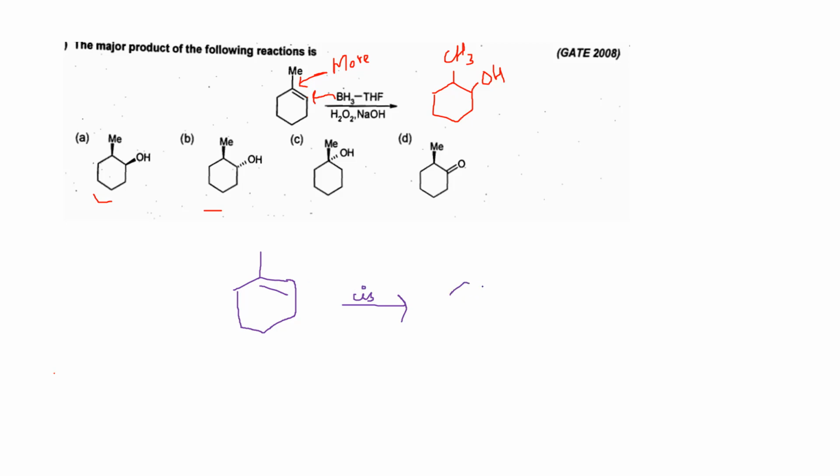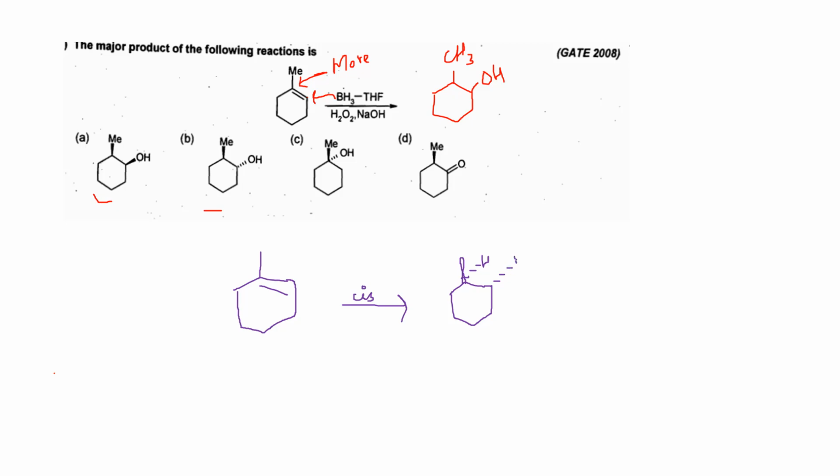So suppose both are coming from below the plane. Both are coming from below the plane. So then methyl will be above the plane, H will be below the plane, and boron will be below the plane.